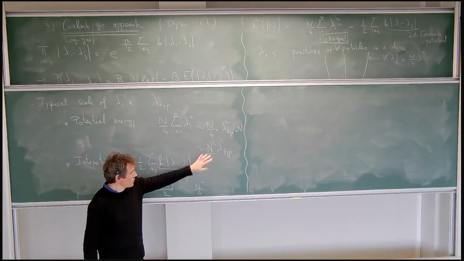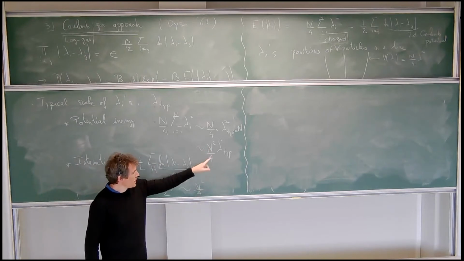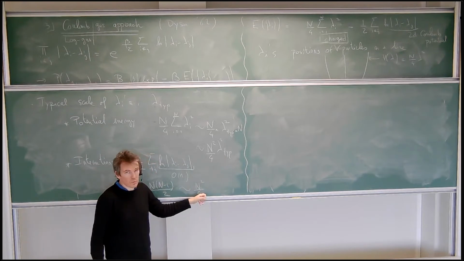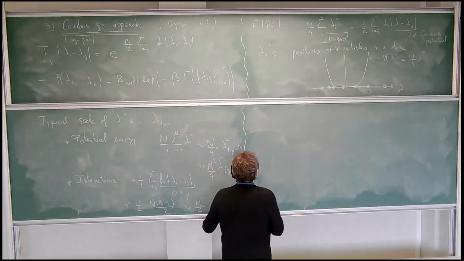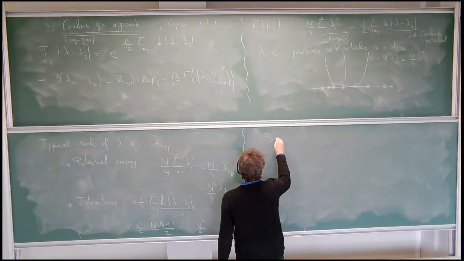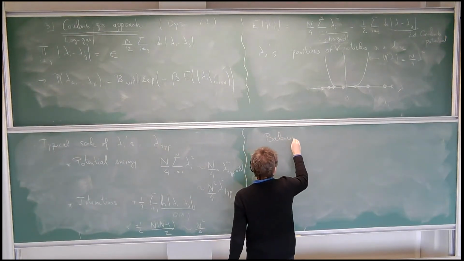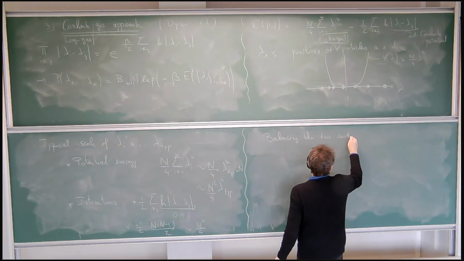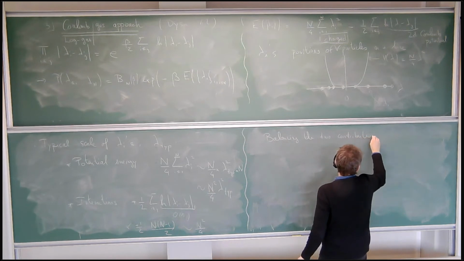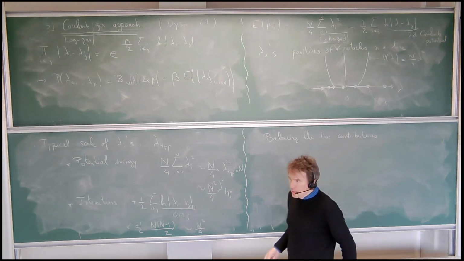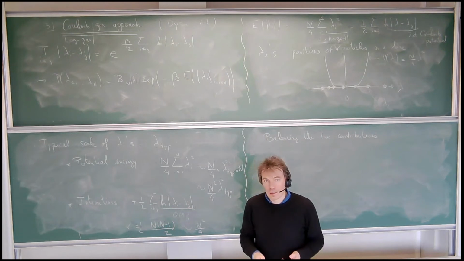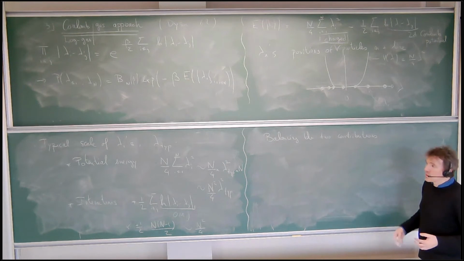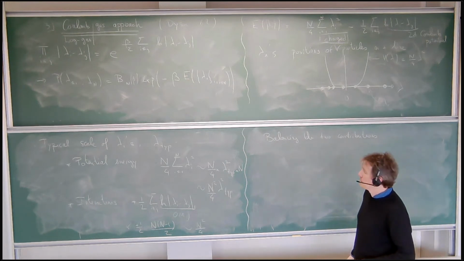So what you see is that if you balance these two terms, what you find is that the typical scale lambda typic here is typically of order 1. Okay, so that means that balancing the two, assuming the two contributions are of the same order, you see here I am actually doing a purely energetic computation. I am actually forgetting completely about the entropy. I will not comment too much on that. It turns out that at leading order for large n, this is correct.